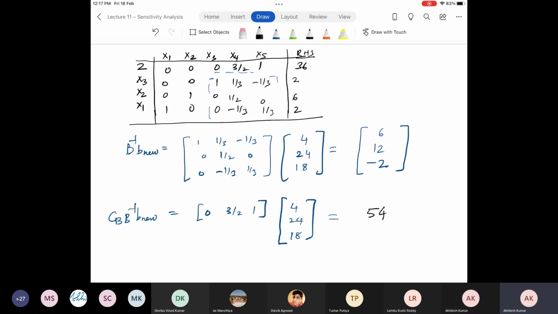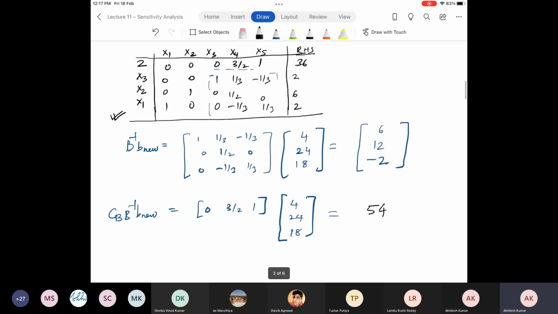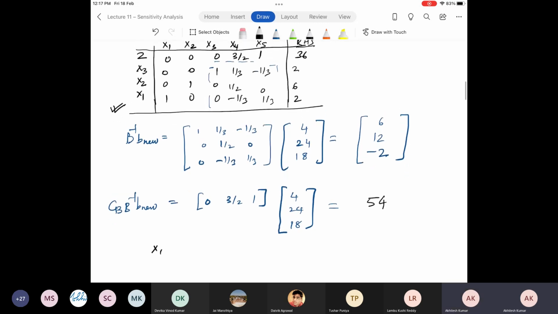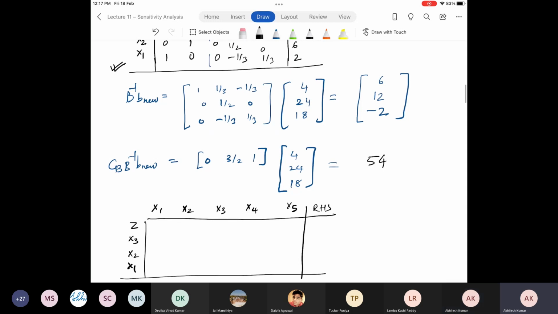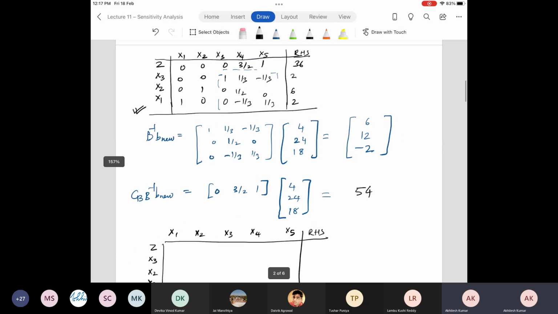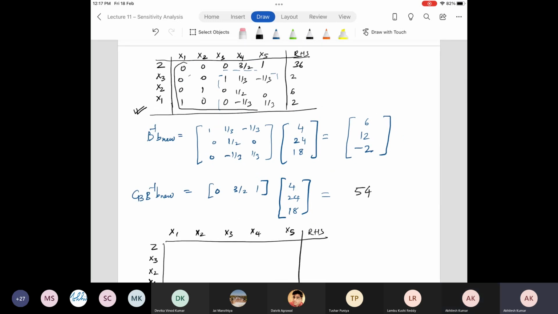Okay. So what we will do, we will do these changes directly in this last known optimal solution. So x1, x2, x3, x4, x5, x3, x2, x1, RHS. There are no changes in this side, B does not affect any of these.